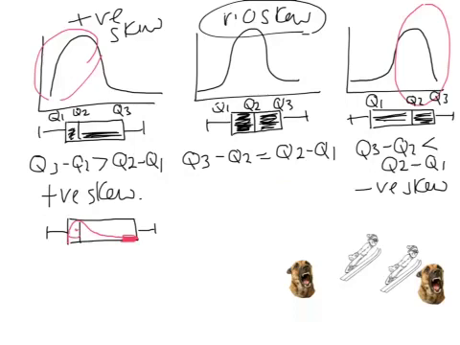So the tail of this whale is a positive skew. And you can see if you did the box plot for this one and you draw the whale in, you can see there's the whale's face and the tail. The tail of the whale is on the negative side. All right, so that describes negative skew.